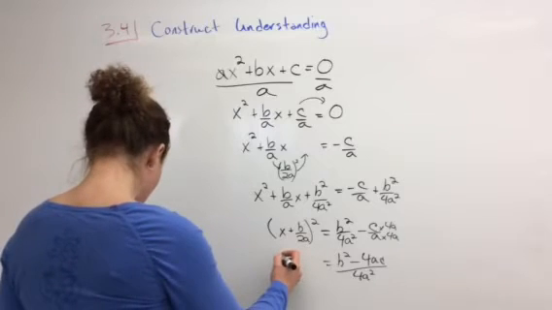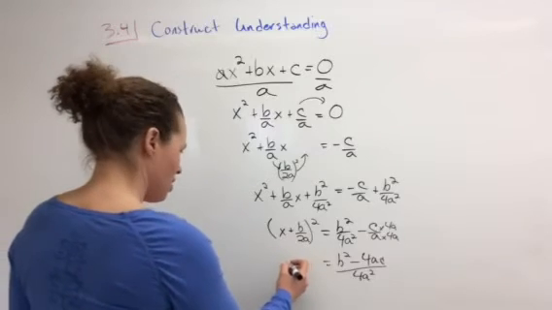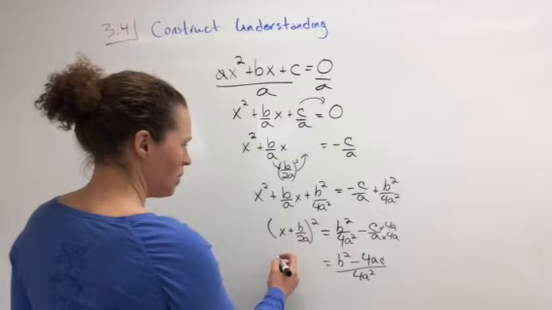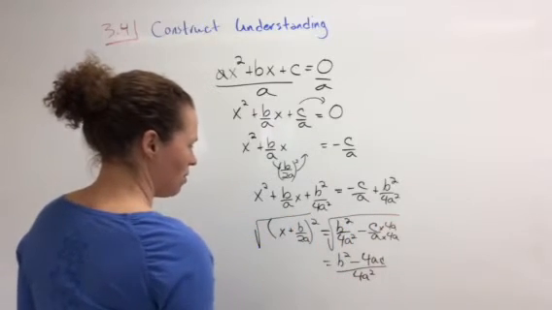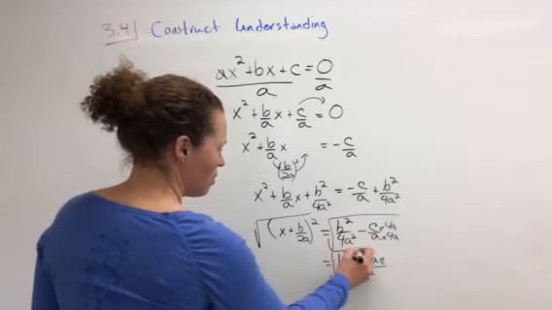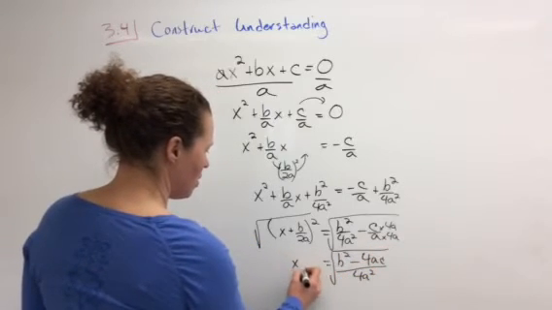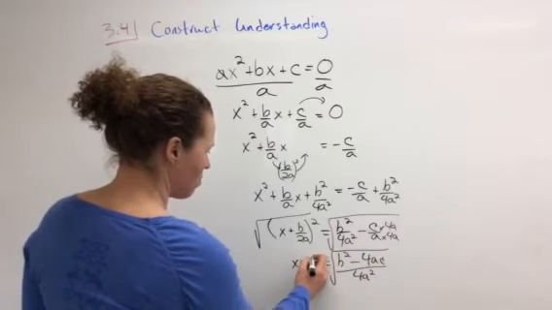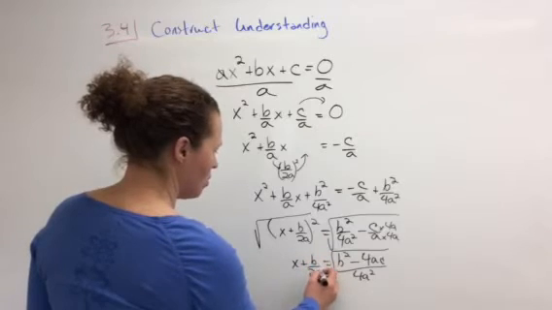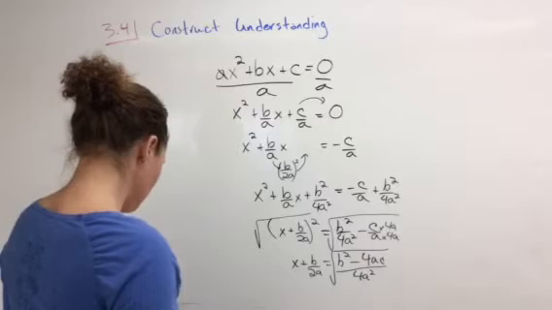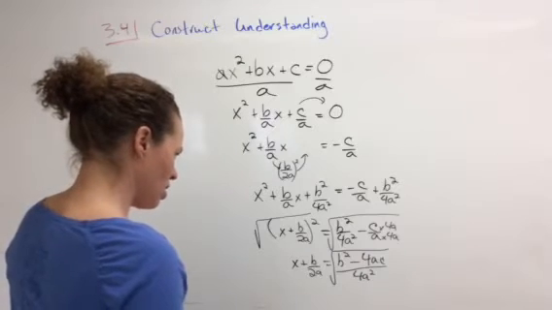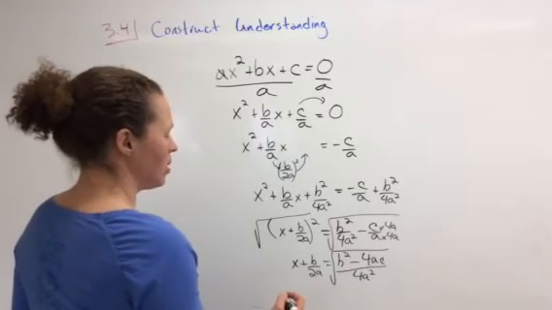And this side is going to be the same, but if I take the square root of each of them, then I'll have a square root of this, and all this side will say is x plus b over 2a. So it's getting a little bit crazy now.